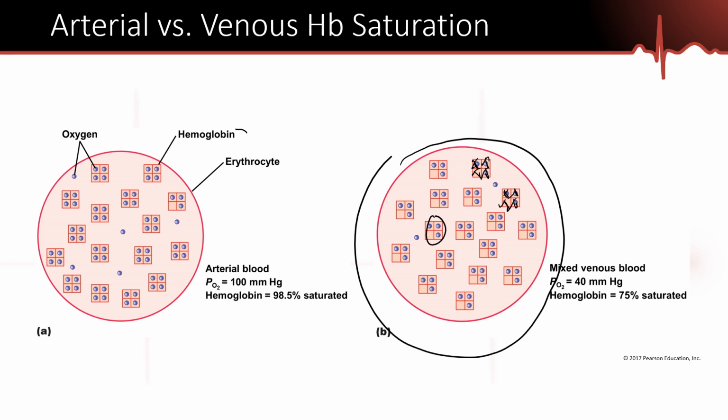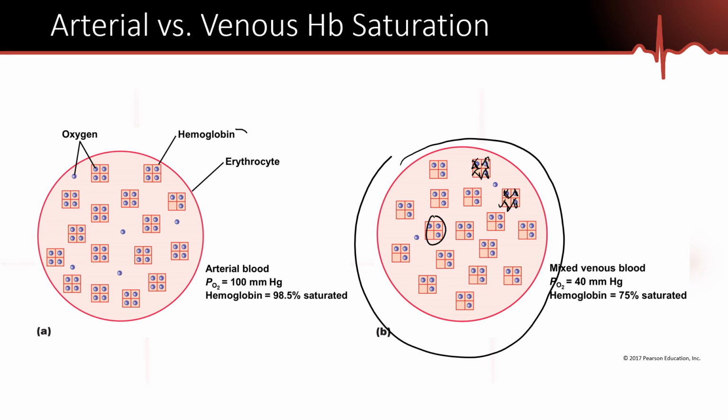So think about that. Throughout the body, there are 25 trillion red blood cells, or erythrocytes as they're called. And within every one of those, there's something like 250 million hemoglobin proteins, each capable of binding 4 oxygen molecules. The oxygen carrying capacity of the human body is incredible.